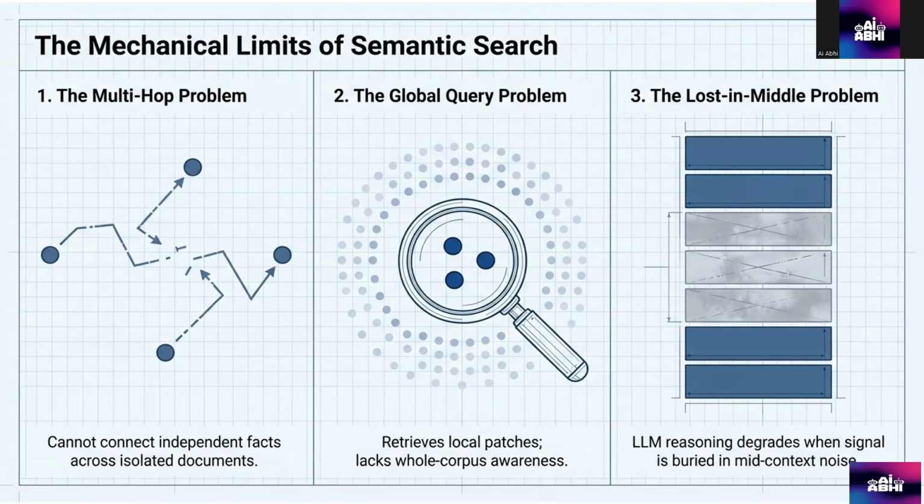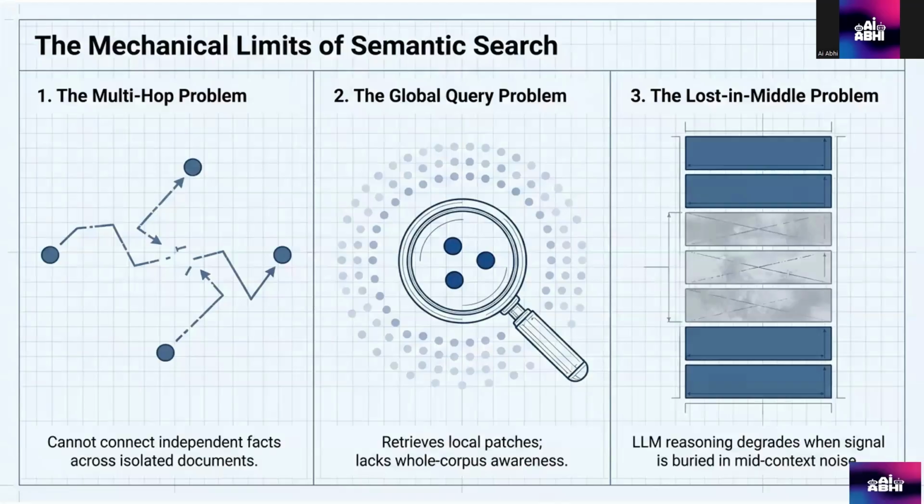Vector search will find the most semantically similar chunks to your query, but semantic similarity is not the same as logical connection. So the chunks that are most similar to the query embeddings might be completely different from the chunk that contains the connecting facts you actually need.